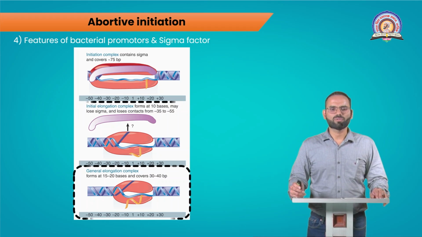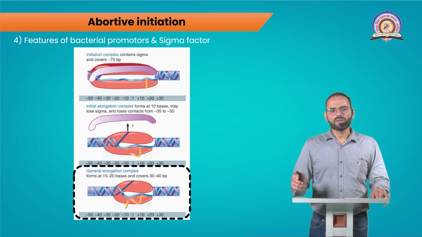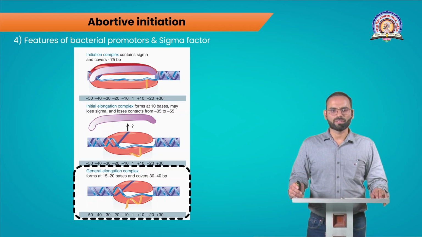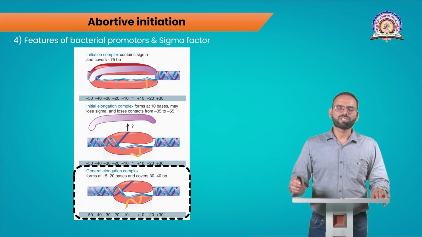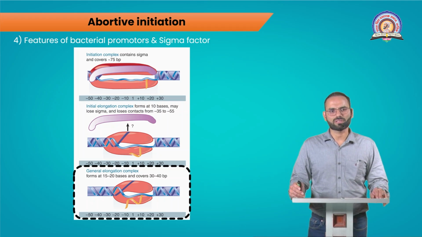But once successful initiation happens, the sigma factor forms around 15 to 20 bases and covers up to 30 to 40 bases. So this is a process of abortive initiation, which mostly happens in bacterial transcription initiation.